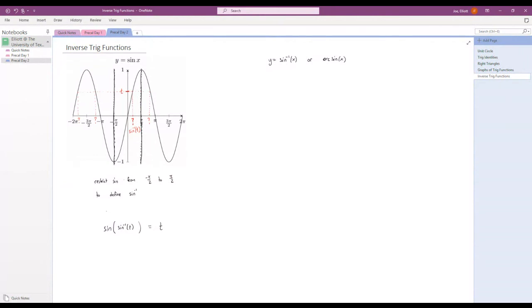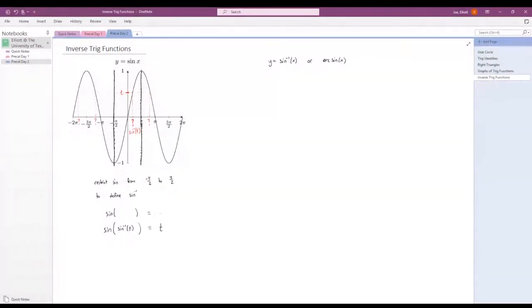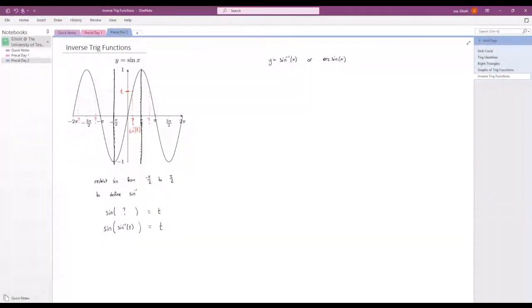So if you're trying to figure out sine of what angle will give you some value t, that angle that satisfies that equation is sine inverse of t. But we have this restriction that the range of sine inverse has to be between minus pi over 2 and pi over 2.